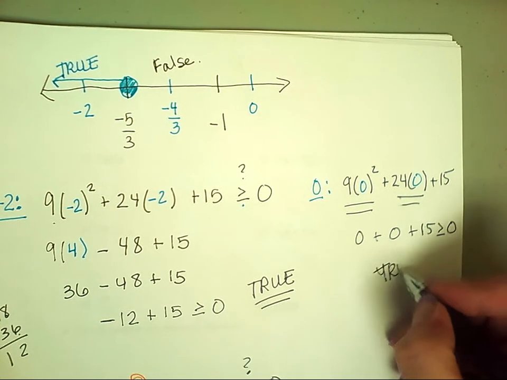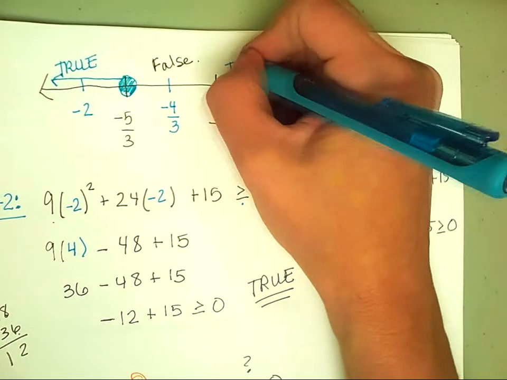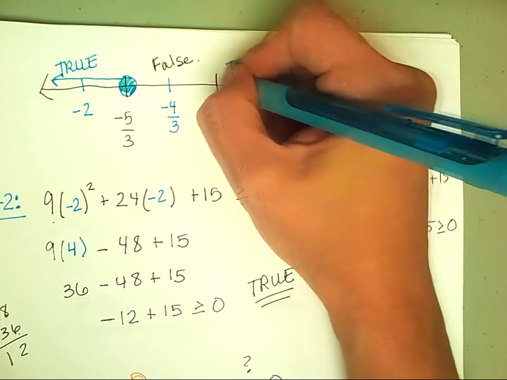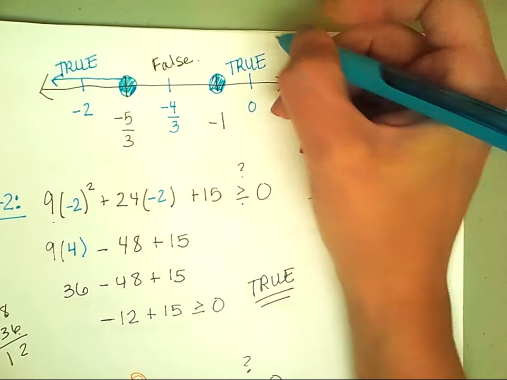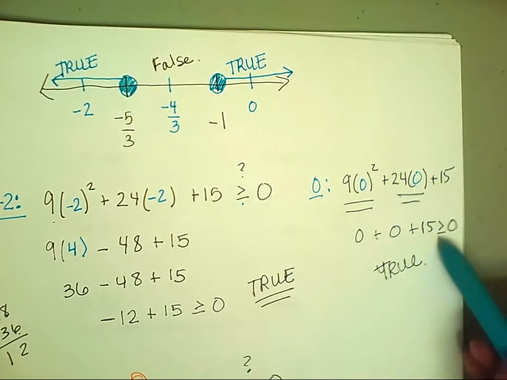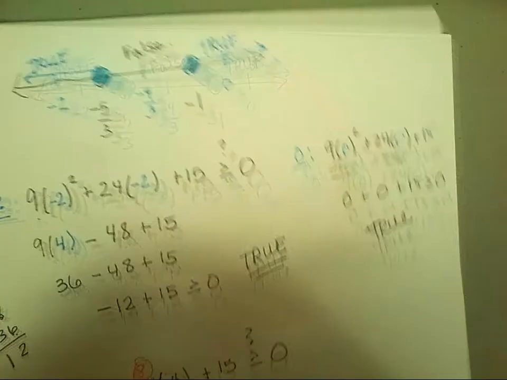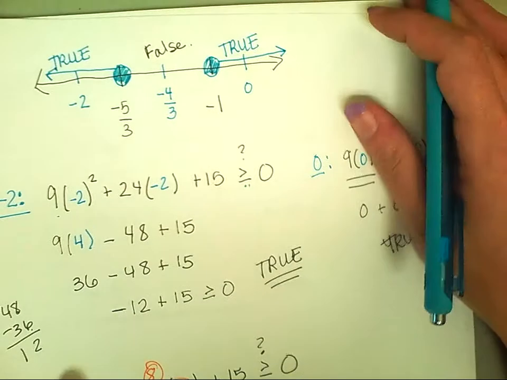Is that greater than or equal to 0? Yes, it is true. So it is true on this interval. And we have the equality. We can circle this in because of our original less than or equal to.